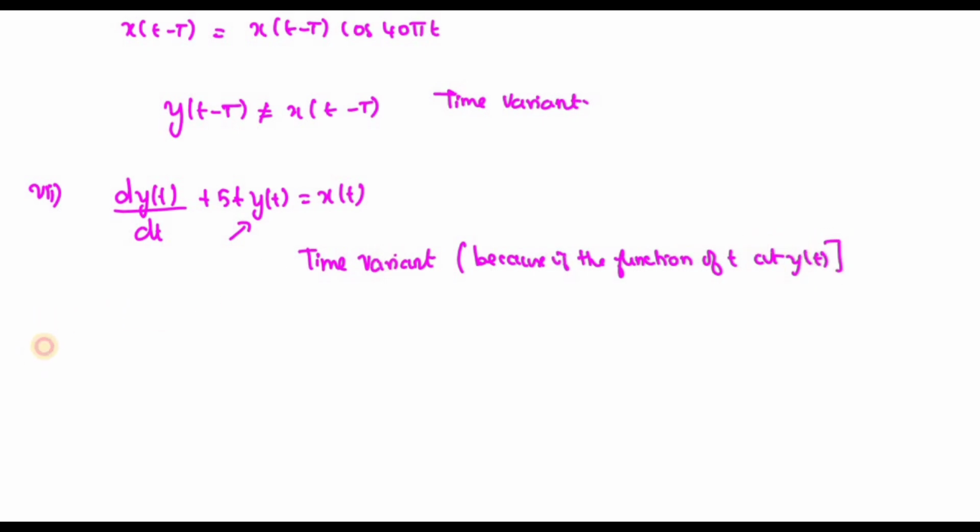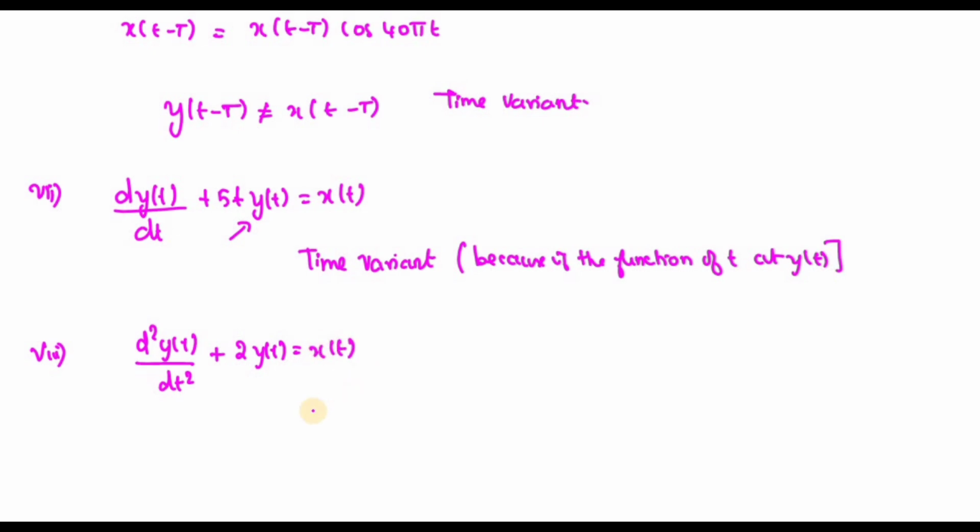Suppose if I have an equation like this: d square y(t) by dt square plus 2 y(t) is equal to x(t).